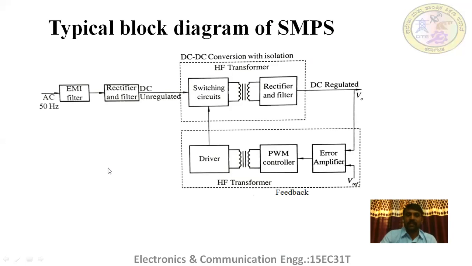Then it is rectified. After that, we get the unregulated form. This is converted to pulsed voltage by the switching circuit. This is the transformer. See here, the number of turns at the primary is the same as at the secondary. Therefore, this is called an isolation transformer and it operates at high frequency. In general, what we normally see in our laboratories is operated by single phase 50 hertz, but this transformer is in the kilohertz frequency range.